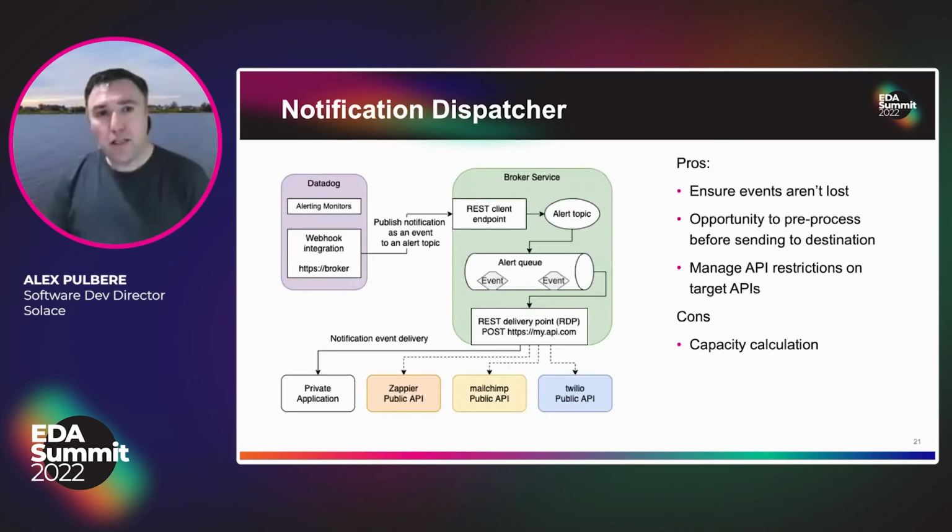On this slide, we can look at the diagram for this kind of architecture that would allow us to handle notification dispatching for the use case I mentioned. We can see Datadog, which has alerting monitors and can be configured to use a webhook integration.